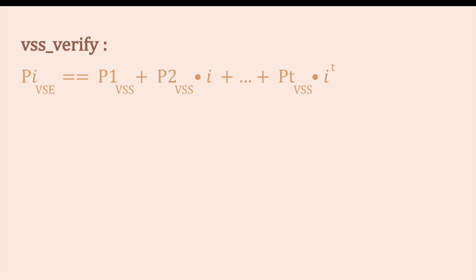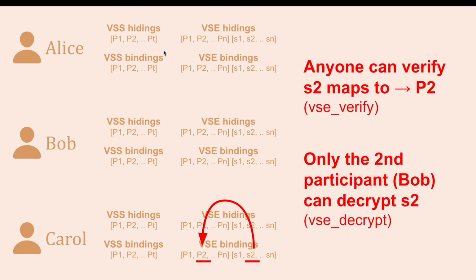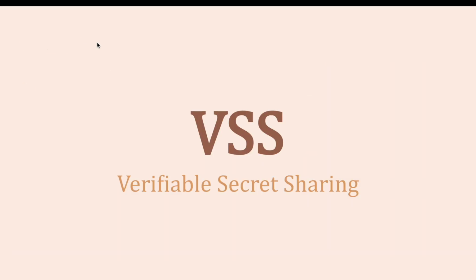So typically in FROST and ROAST, when we get a secret share, we multiply it with G and make sure we evaluate the polynomial in a public manner, right? The P1 being the constant term times G, but now it's public to us because these values come from the hidings, the VSS hidings and bindings.